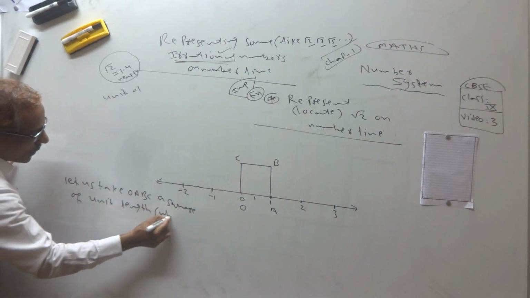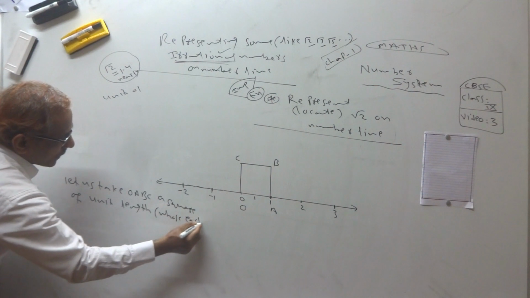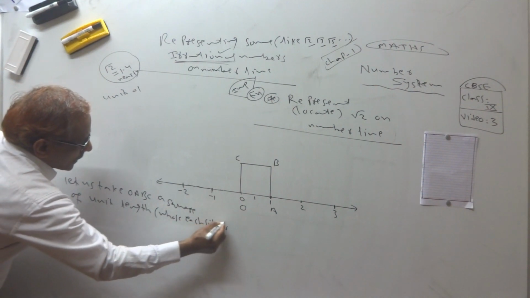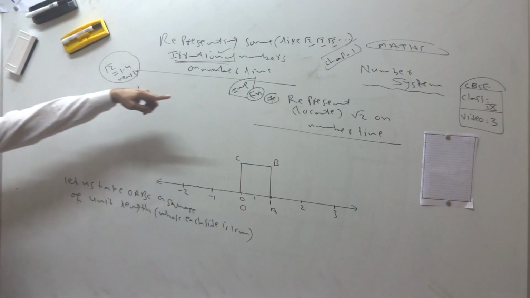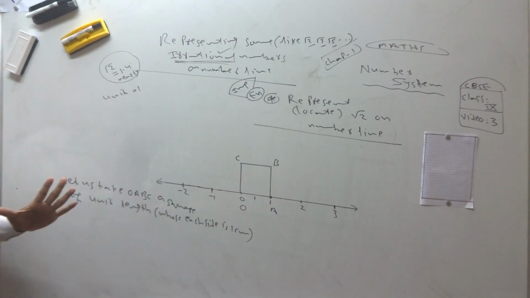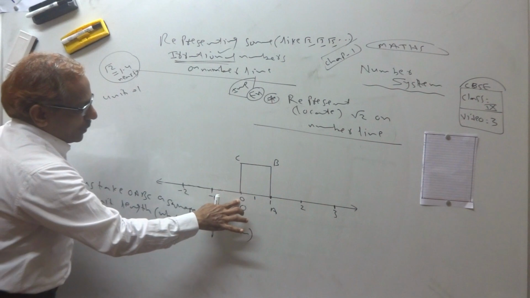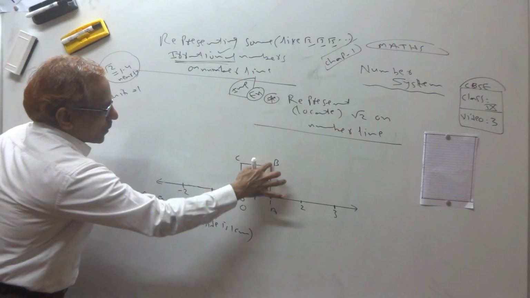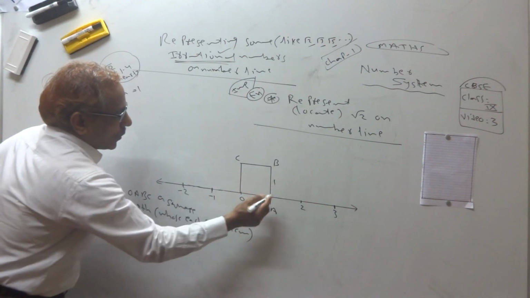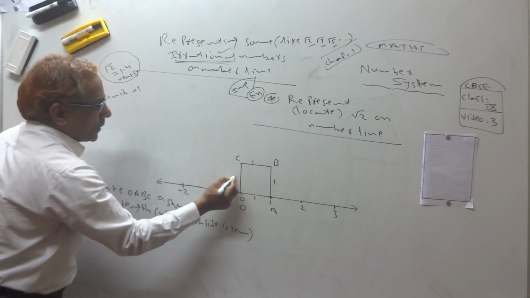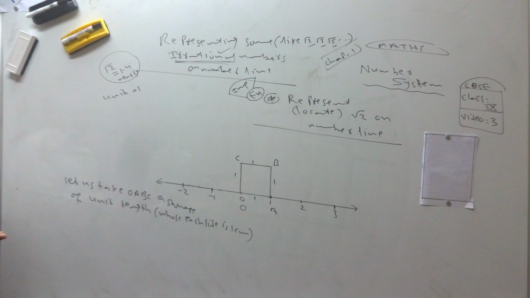It means each side is 1 centimeter. So for representing root 2 on the number line, what you have to do? At 0, 1 you make a square. This is 1, right? So with the scale, ruler, you take this is also 1, this is also 1, this is also 1. Okay? Then what we do?